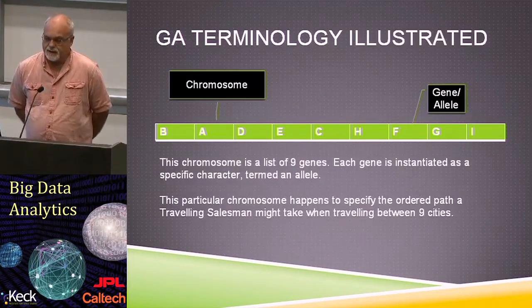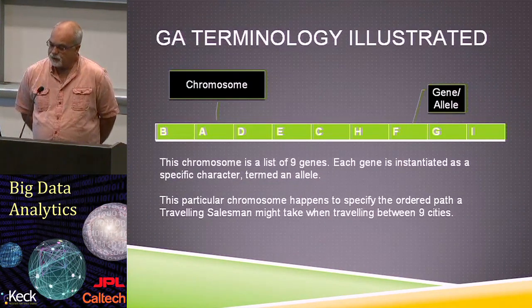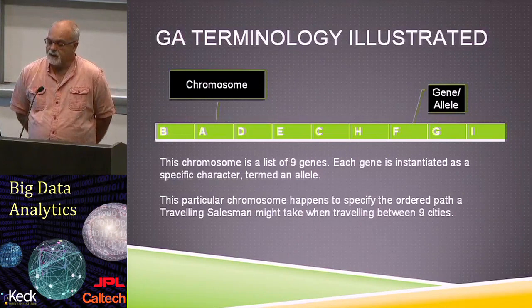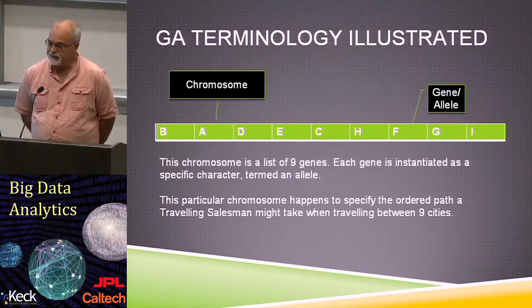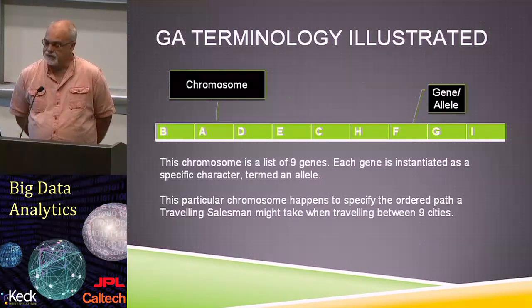So let's look at a representation of a chromosome, which we're going to use a lot in the following slides. What you can see here is a little string of letters, and we term this whole string to be a chromosome. Each of the letters has a position in the chromosome, and each one of the letters is a particular gene in the chromosome.